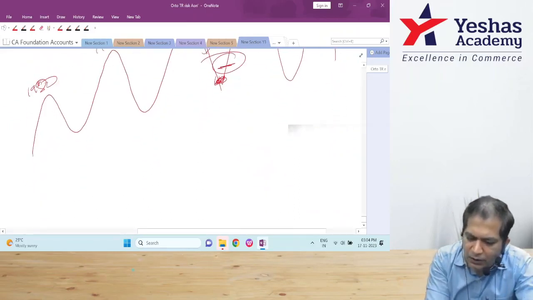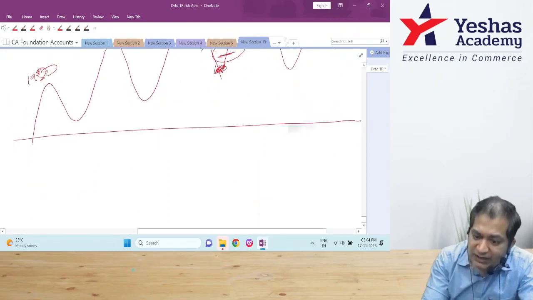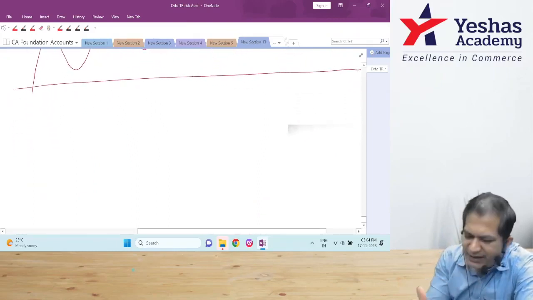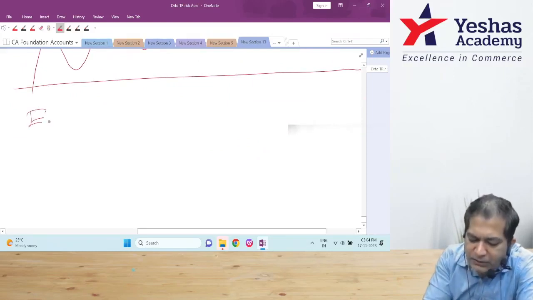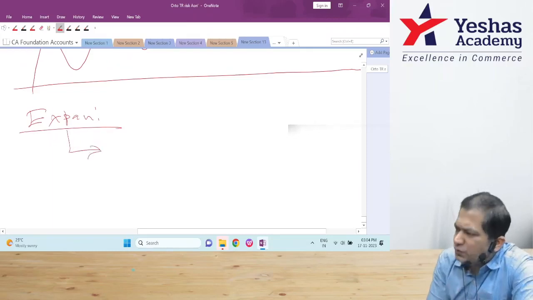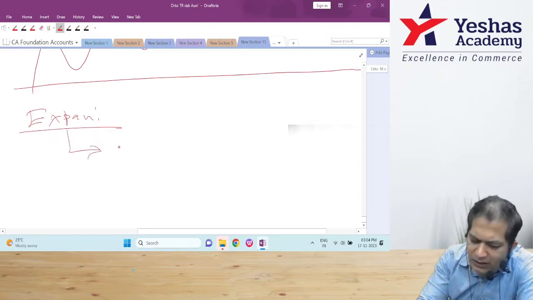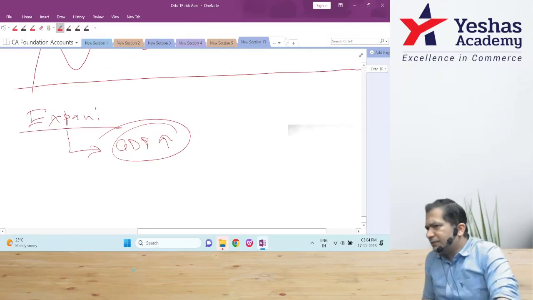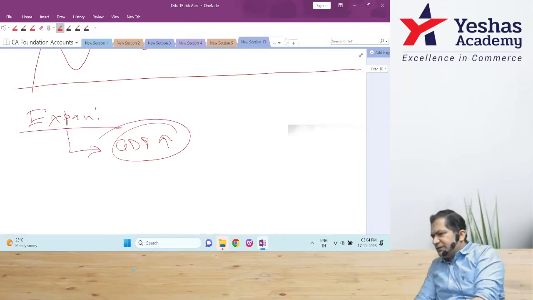Clear? Now, the stages of the business cycle are where they will try to create a trap for you. Expansion is also known as the growth phase, wherein the GDP of the country is increasing. Why is the GDP increasing?